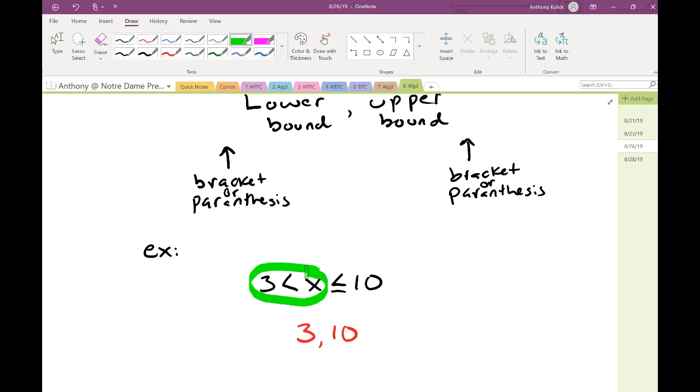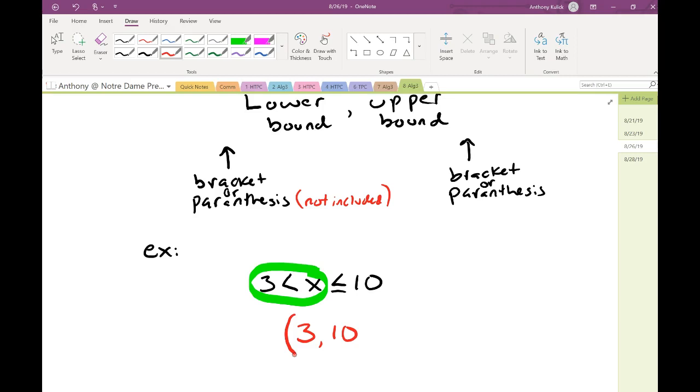No, right? That's not true. In the case that it's not included, I'm going to use a parenthesis. So the parenthesis indicates to me, if we're talking about the numbers between 3 and 10, we're not including 3 in those numbers from 3 to 10.